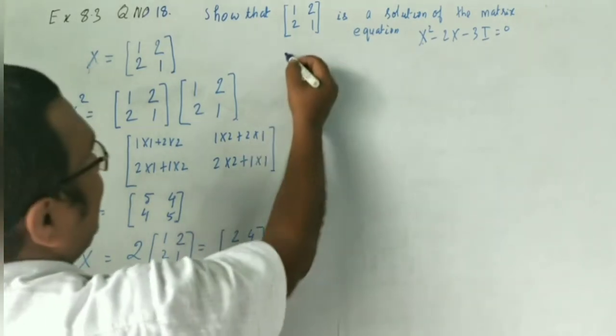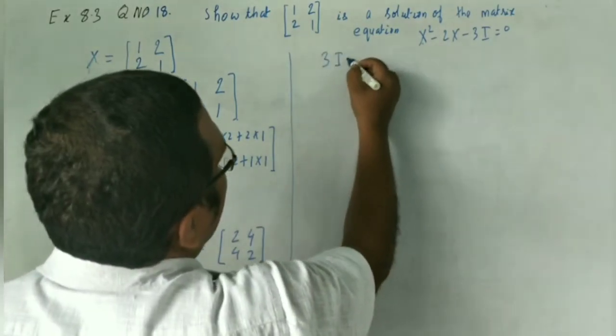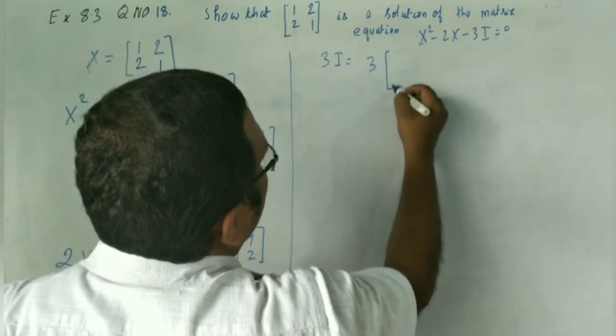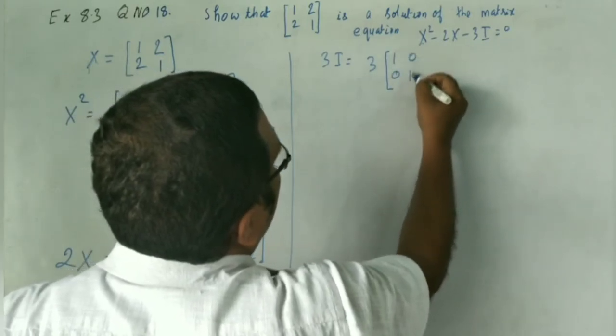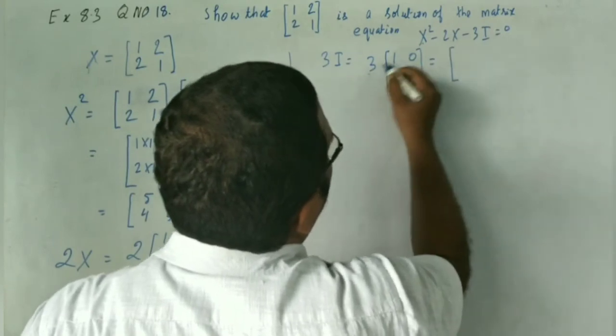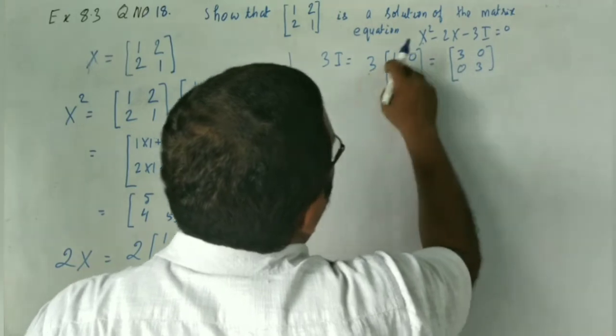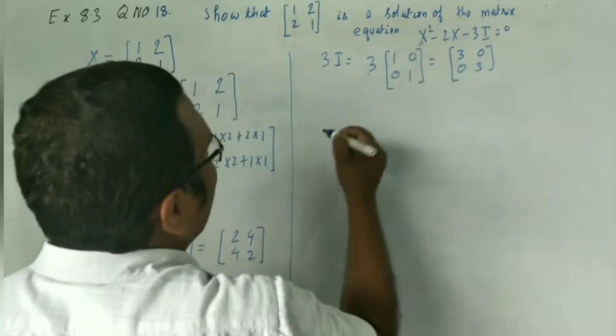And then 3I. I is the identity matrix. Scalar multiplication: 3 ones, 3 zeros, and then find the equation.